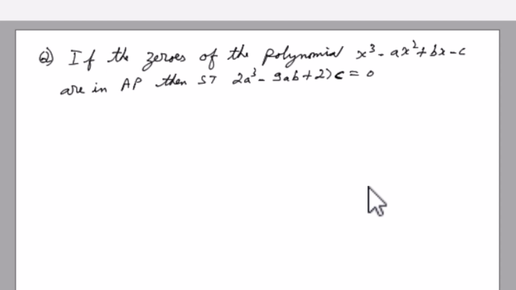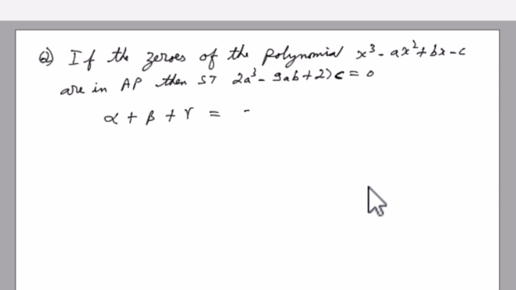Now, as far as polynomials are concerned and finding the zeros, we have formulas like this. When we add the sum of all the zeros of the polynomial, assuming the zeros are alpha, beta, and gamma, it will be minus of the coefficient of x with the second highest power.